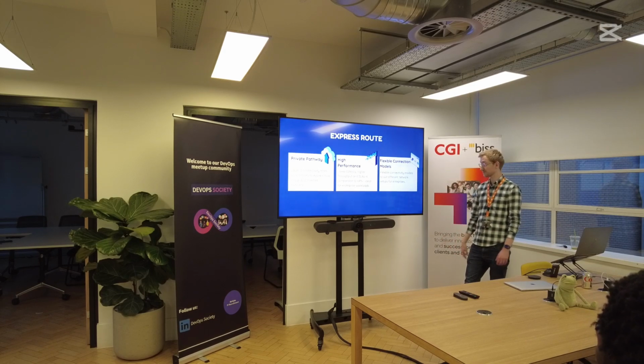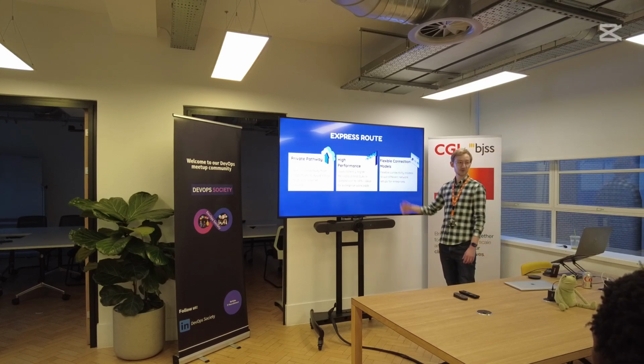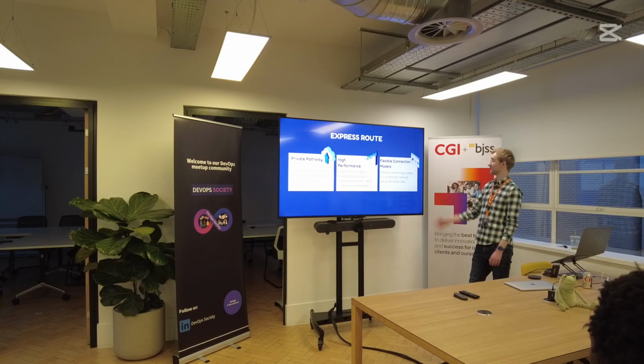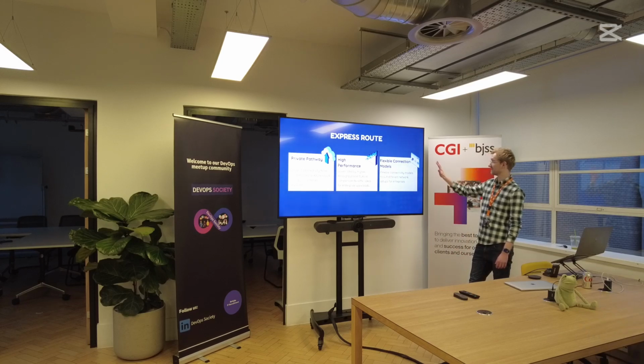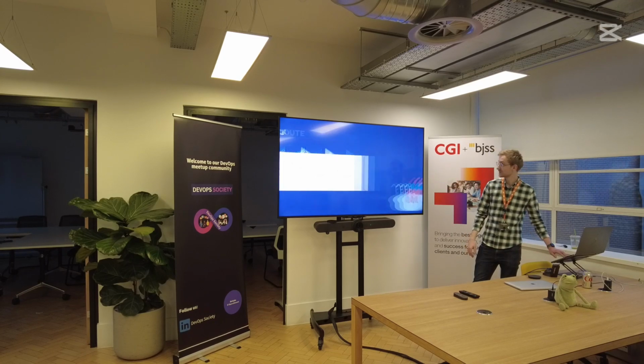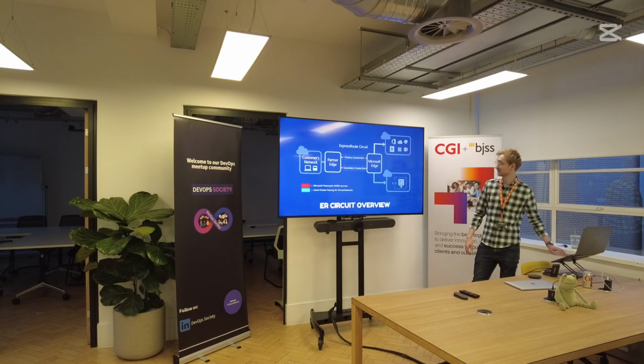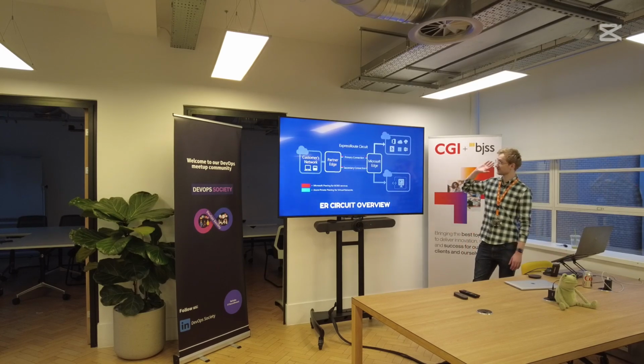It's quite expensive, but if latency and throughput is what you're aiming for, with good SLAs, that's pretty much the choice that you've got. And like I said, you've got flexible connection models. I'll try to explain those soon.